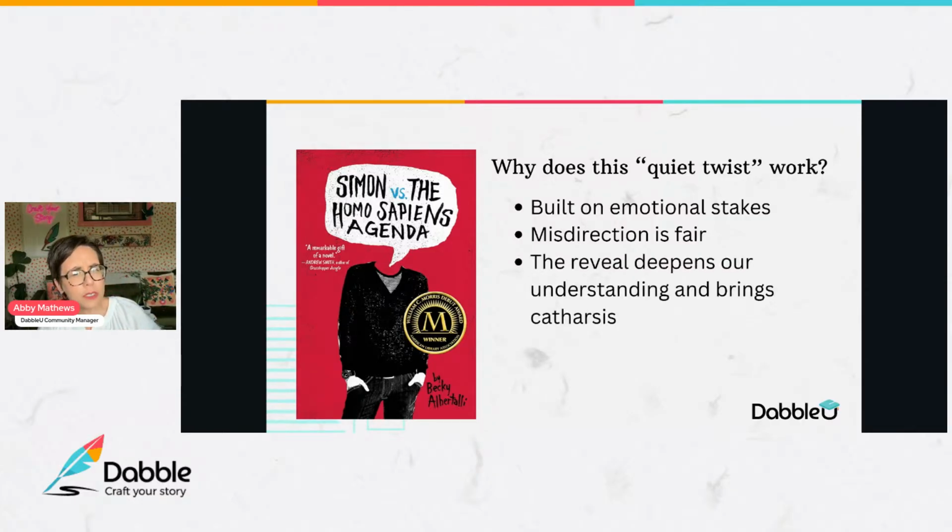But it also works because the reveal deepens our understanding of both boys, right? And it brings us catharsis rather than shock. So think about where your story lays on that spectrum, and you'll see you can use these same strategies different ways to deliver the ending that you want to deliver for the reader.